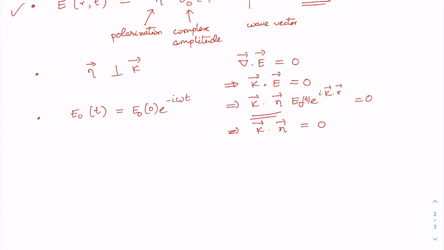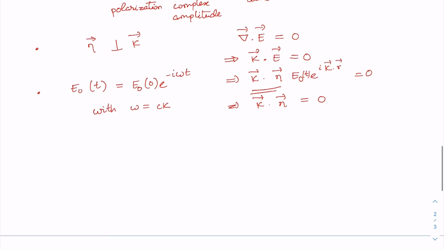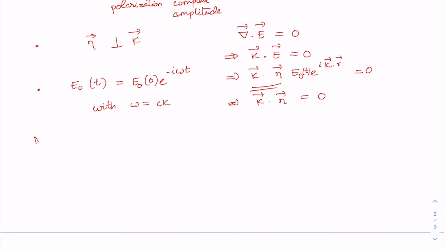This is the solution subject to the condition that omega is equal to ck. All right, and now coming back to the concept of mode, a mode is characterized by the electric field direction, or the polarization eta, and the propagation vector k.